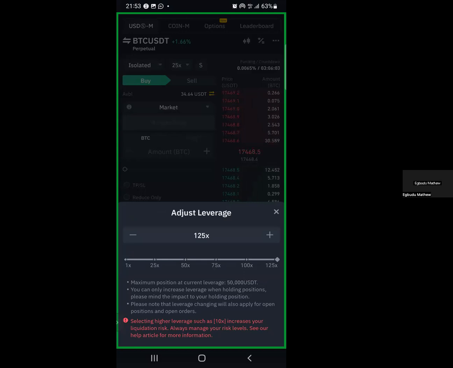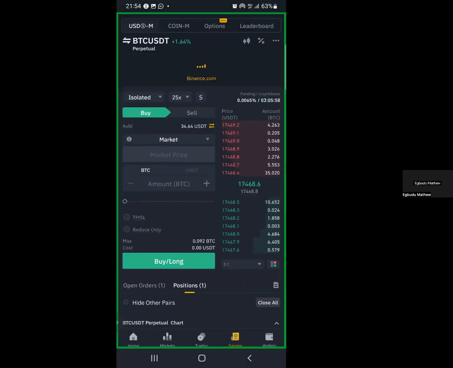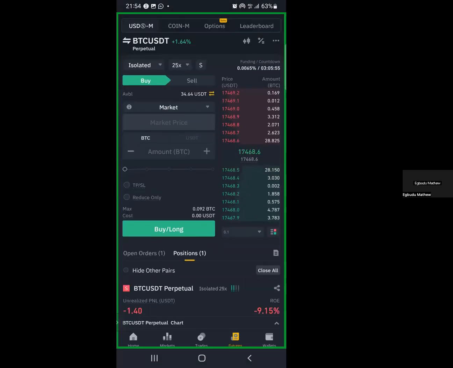But this leverage is also dependent on the amount of money you're using to open a particular position. Take, for instance, you're using $10 and your SL, your stop loss, is about 2%.